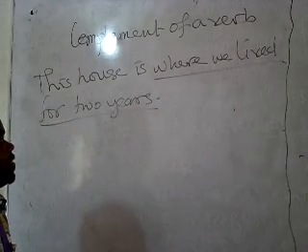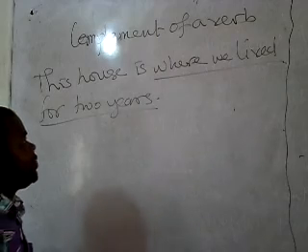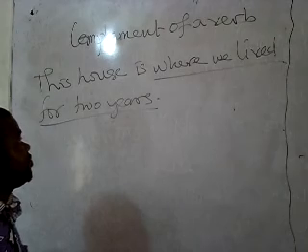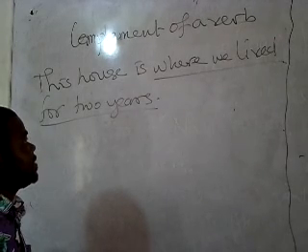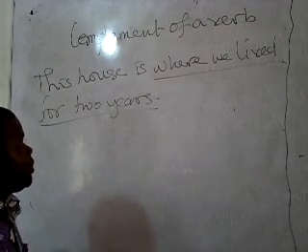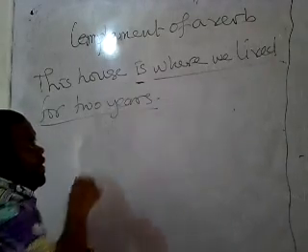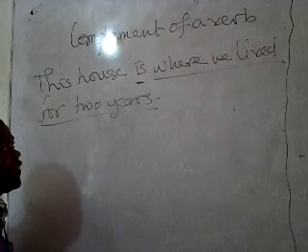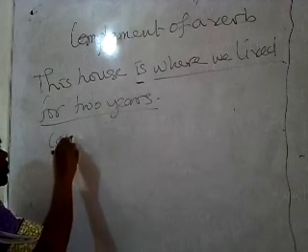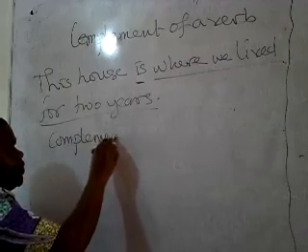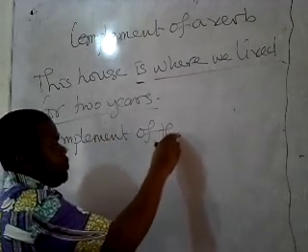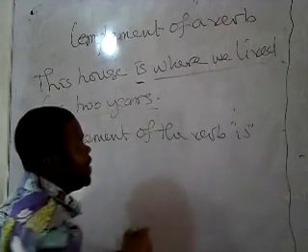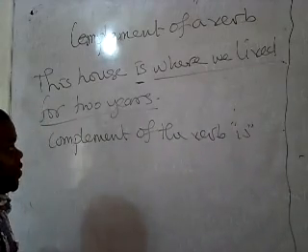With this, we realize that it begins with where. And for that reason, since it is a noun clause, placed after the linking verb is, we say the function is complement of the verb is. And you place it in inverted commas.